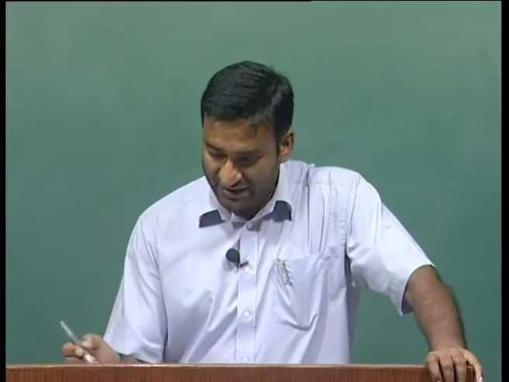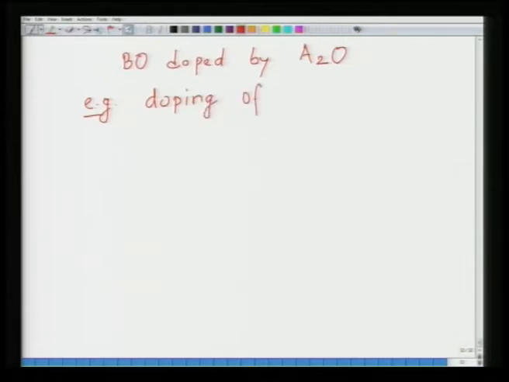Okay. So, for now this can be interpreted in various different ways. For example, you take the example of an oxide BO, and this is doped by, let us say, A2O, and the example in our case could be doping of NiO, nickel oxide, by Li2O.